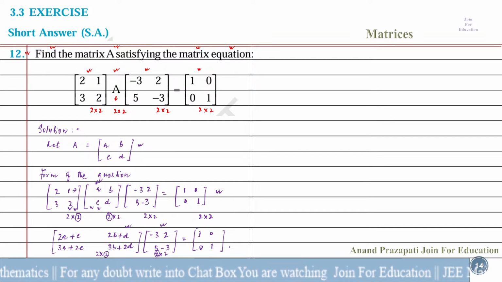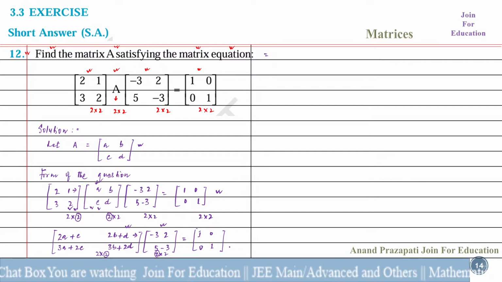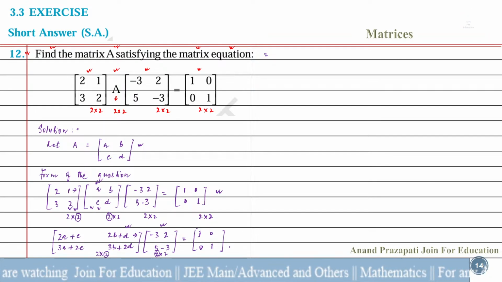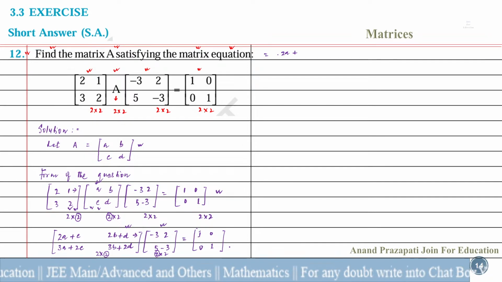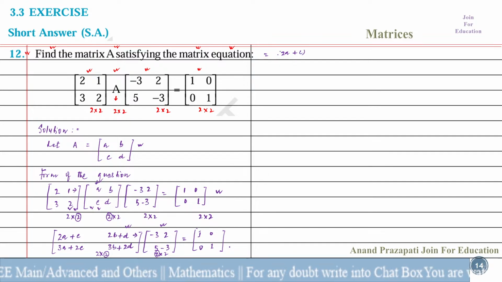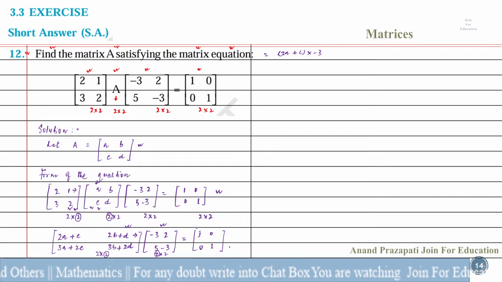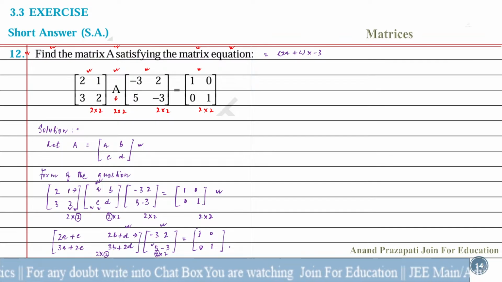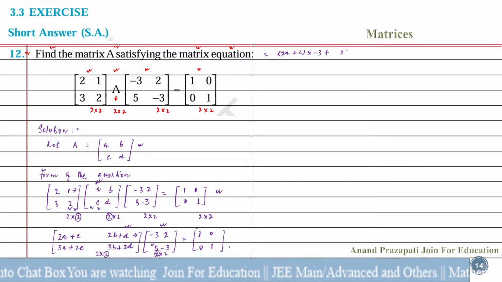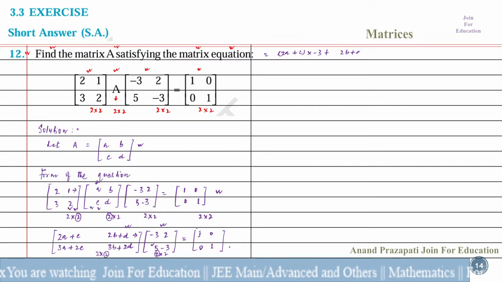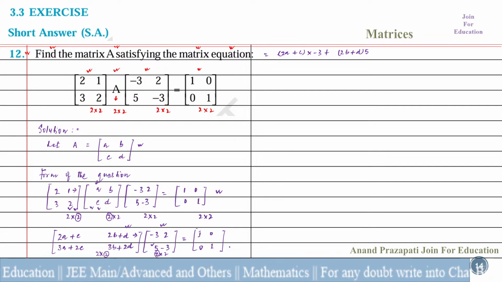Your next step will be this one multiplied by 3, then we write down 2a plus c into minus 3, and this one multiplied by 5, then we write down plus 2b plus d multiplied by 5. After there is no problem to understand up to this step.